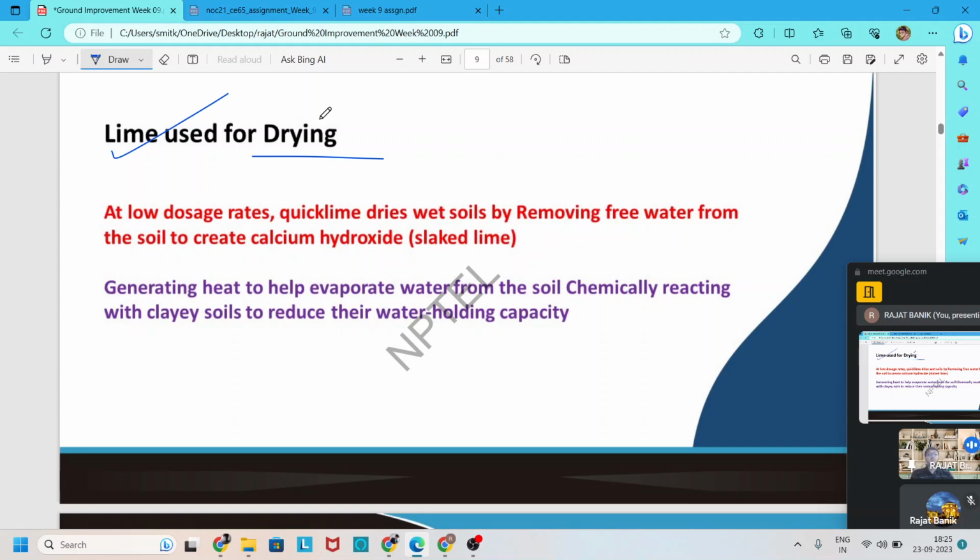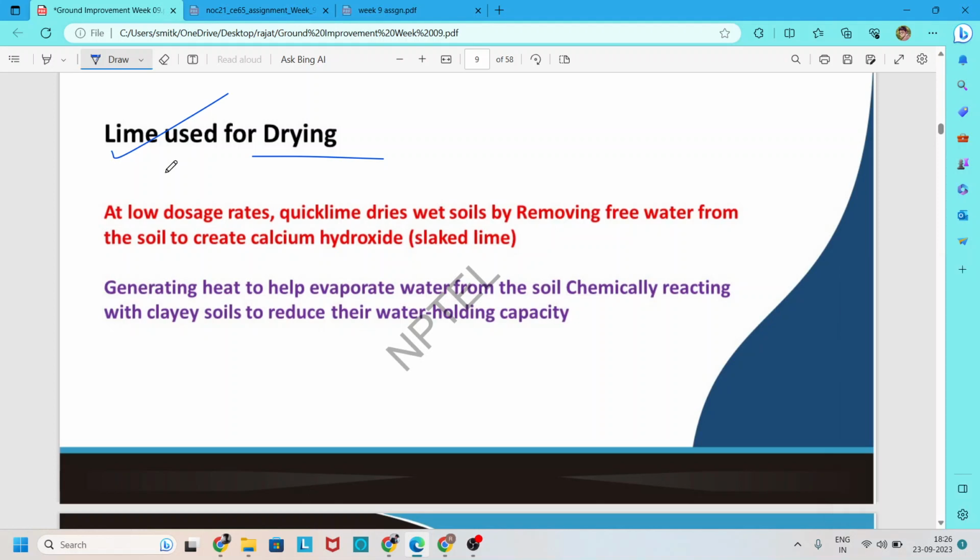This heat also helps to evaporate water from the soil, chemically reacting with clay soil to reduce their water holding capacity. That means when we apply lime to the soil, it not only attracts or removes the water through chemical reaction, but by generating some heat, it also evaporates some amount of water from the soil, and further the soil becomes dry and workable.